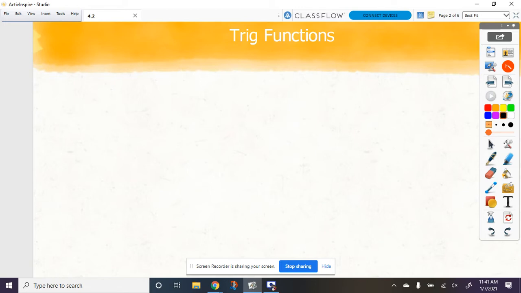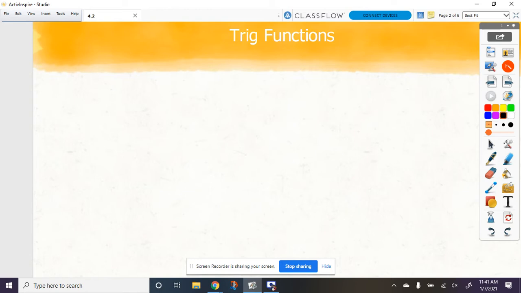All right, so who can tell me one of our main three trig functions? Sine. Sine is one of our trig functions. Do you remember any of our other trig functions? Cosine and tangent. So those are our three main trig functions. We actually have three more trig functions that we're going to talk about a little bit later.